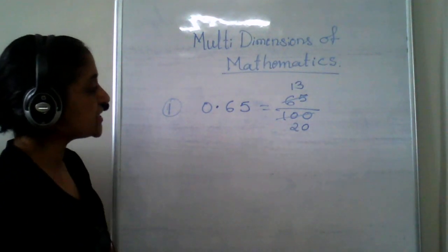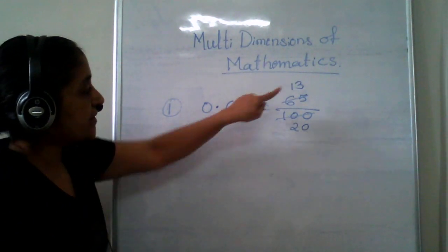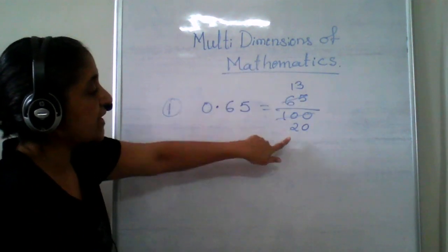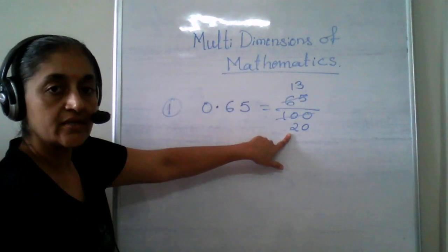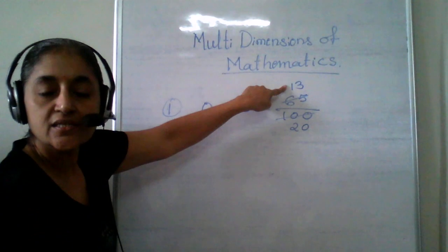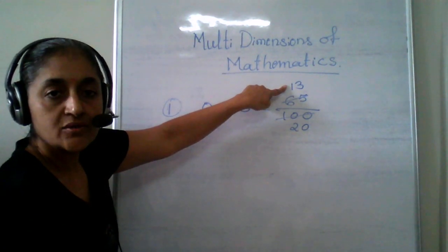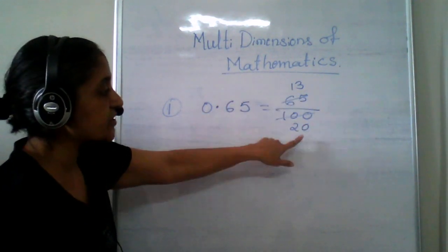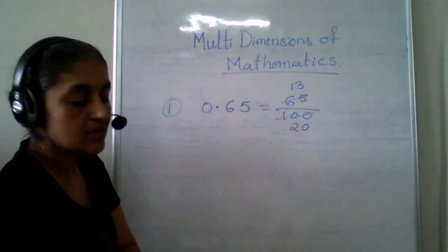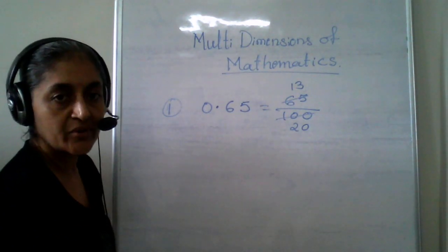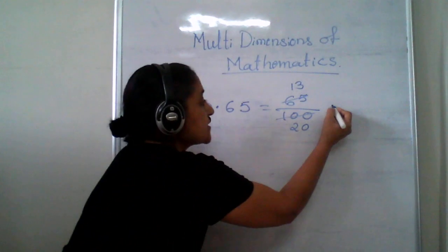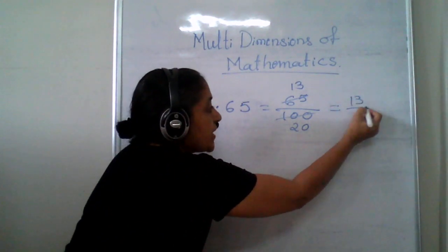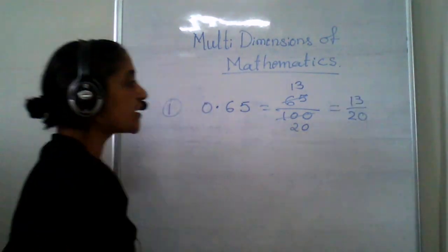Now do you see any other number that can cancel 13 and 20? I don't see. Why? Because 13 is a prime number, so only its multiples can be cancelled with it, otherwise no other number can be cancelled. So we can write this as 13 by 20. This is a vulgar fraction.